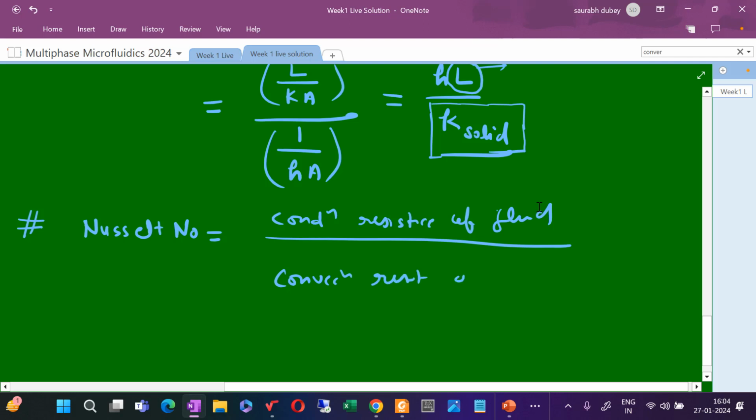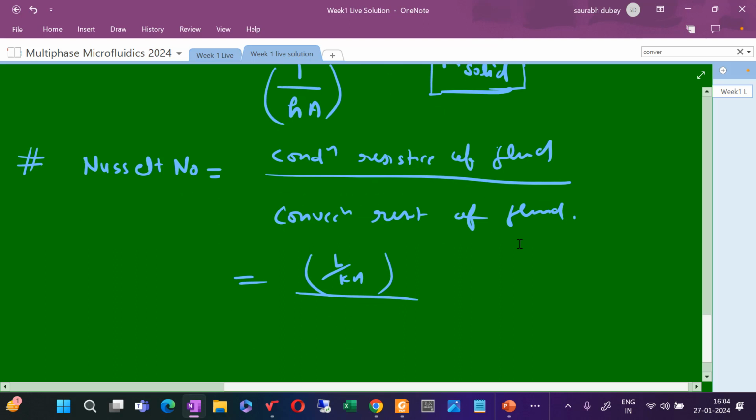Again, if you derive that, the exact same formulas will come, just the K will be for the fluid. So when you solve it, you get HL by K fluid.